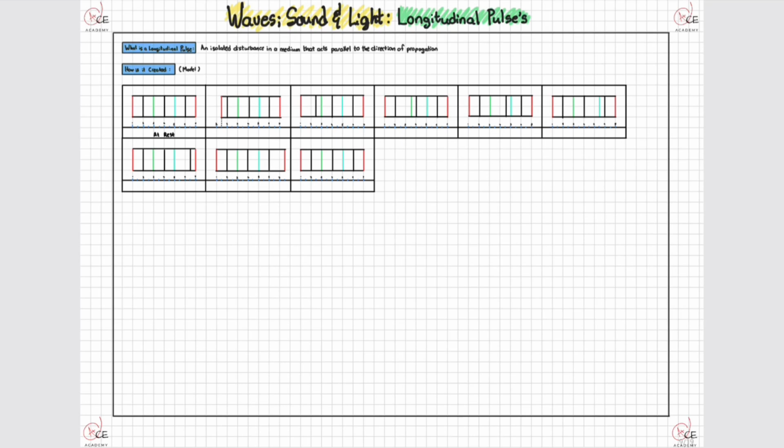The next question we need to ask ourselves is, how is this pulse created? After we figure that out, we are going to need to understand what effect this type of pulse has on the medium through which it is traveling. So let's go ahead and get started with understanding how this type of pulse is created.